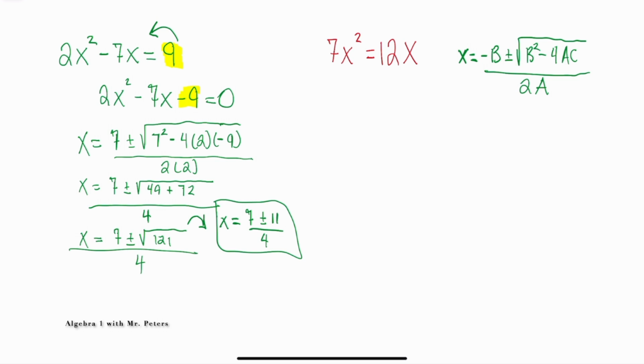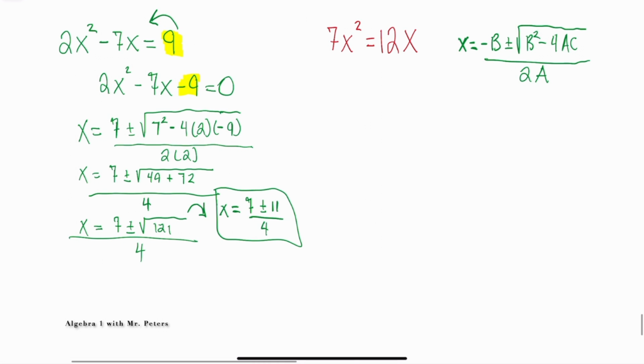And we can use some mental math just to solve this. So 7 plus 11 is going to give us 18. If we divide by 4, we're going to get x is equal to 18 over 4. We can reduce that to 9 over 2 or even 4.5. I would just tell you always reduce to your lowest terms, whether it's a fraction or you convert it to a decimal.